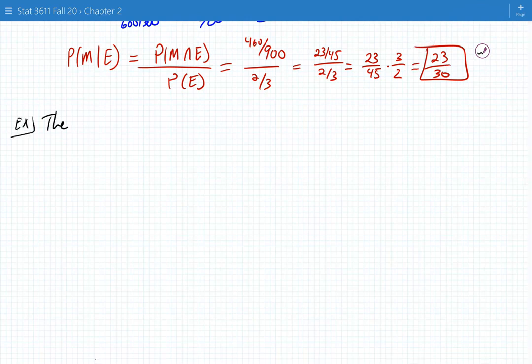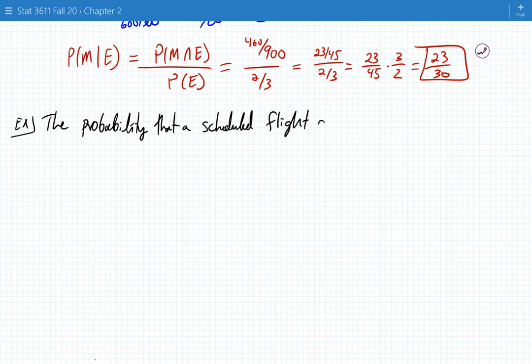Let's say that the probability that a scheduled flight departs on time, we'll say capital D for departing on time, is 83%, or 0.83.